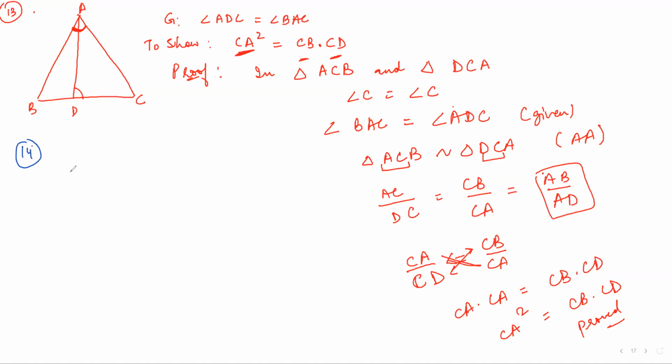14th question, Sarah. Sides AB and AC and median AD of a triangle are respectively proportional to these. Okay, it's a good question. Let me just erase it.